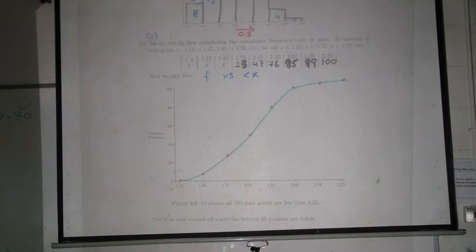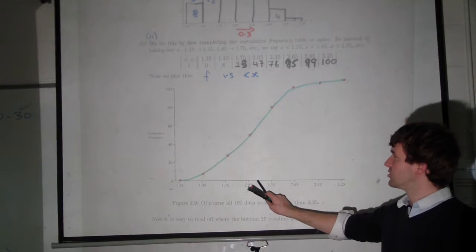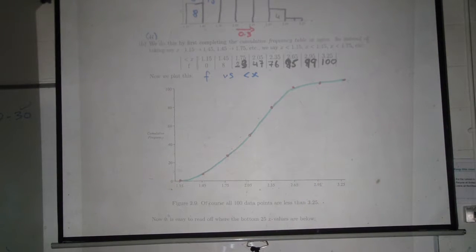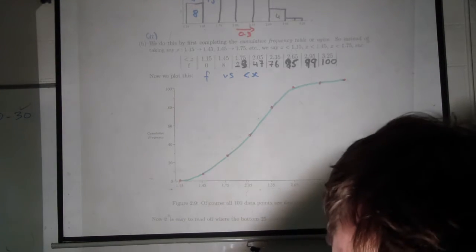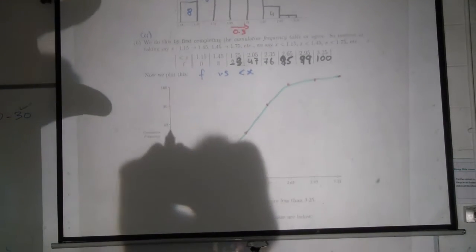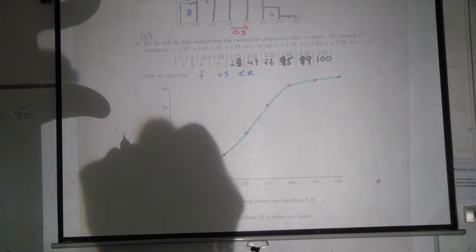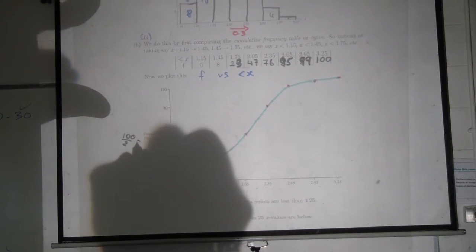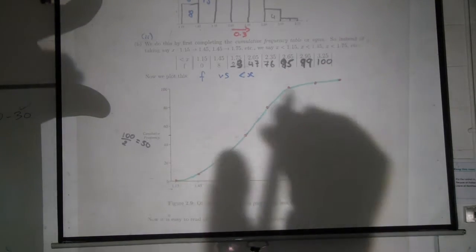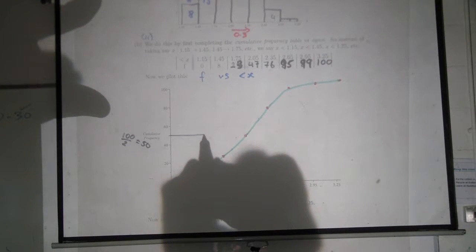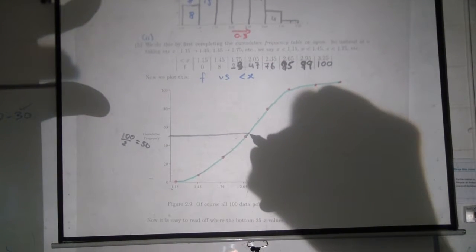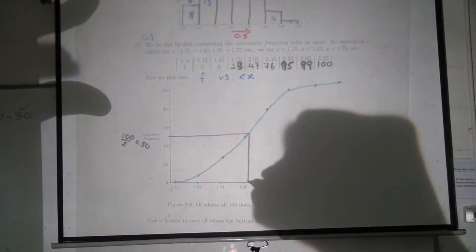So we want to find the value such that 50 of them are below, and if you draw it a bit funny, like I probably have done, you don't quite get it. So if you come over here and you do 100 over 2 is 50, and go across from here. Now I'm going to go over this red dot. Not too bad. Come down. This will be the median.